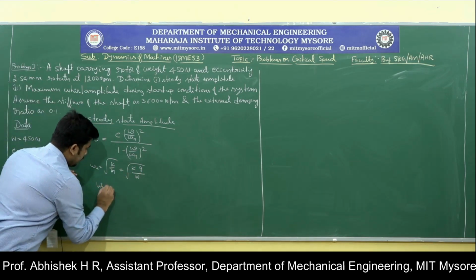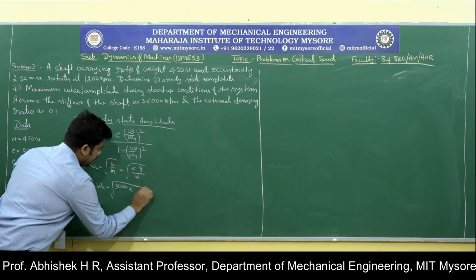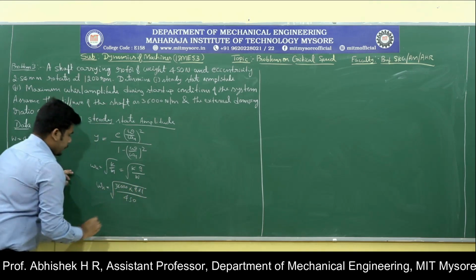So omega n is equal to square root of 36,000 into 9.81 divided by 450.